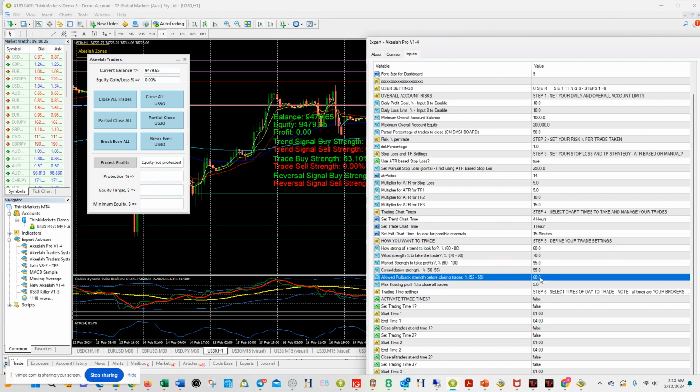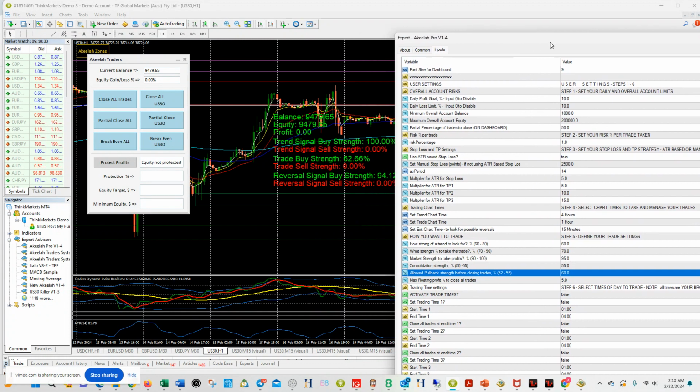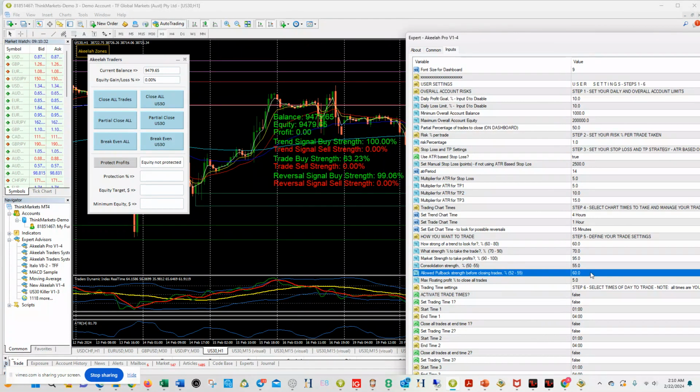Now I'm scanning the 15-minute chart. On the 15-minute chart, I want to see bullish momentum continue. If the bullish momentum drops below this value, I'm saying I want to look to get out of my trade. And so typically that number would be closer to 50 or 55% or something like that.